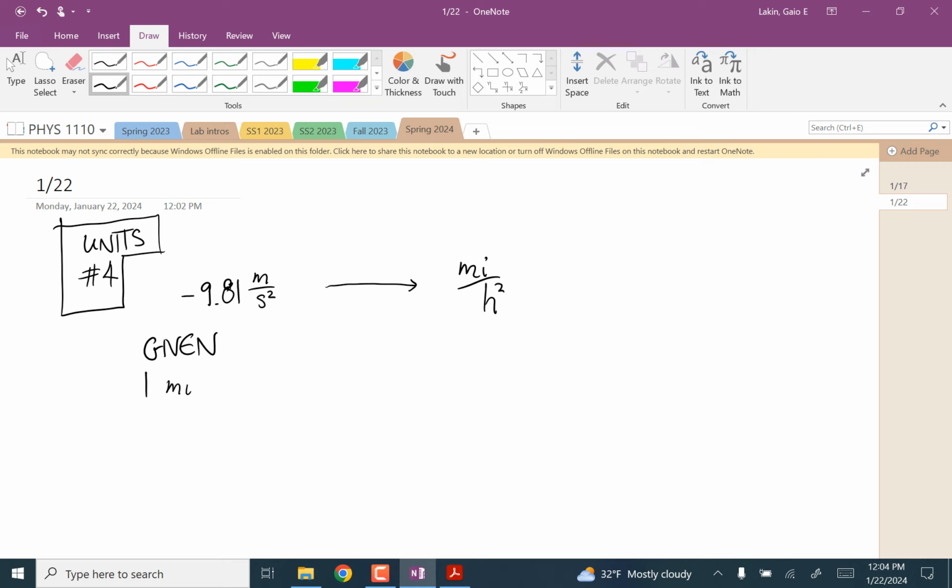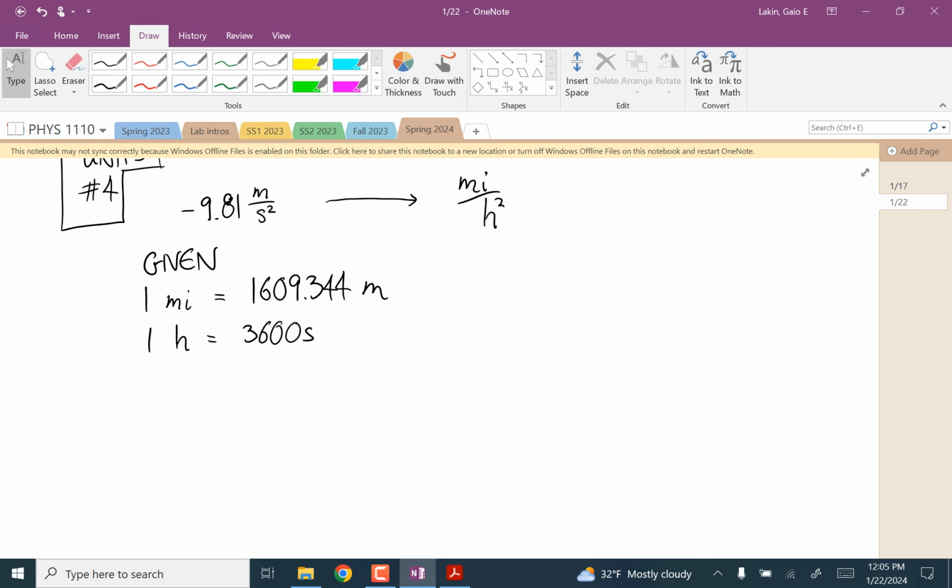1 mile is 1609.344 meters, and 1 hour is 3,600 seconds. Okay, so we're going to start with negative 9.81 meters divided by seconds times seconds.